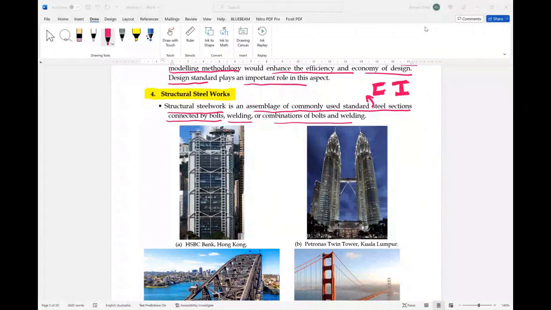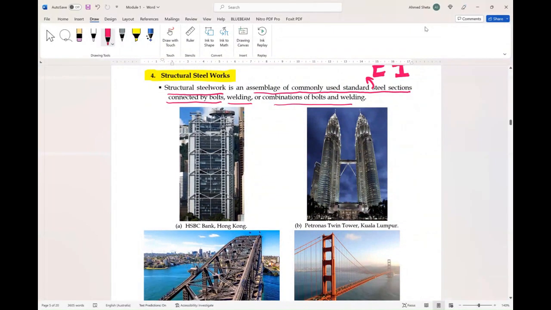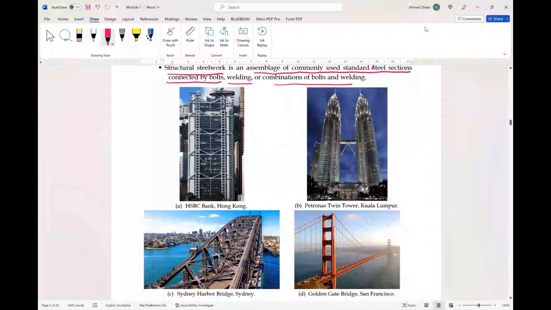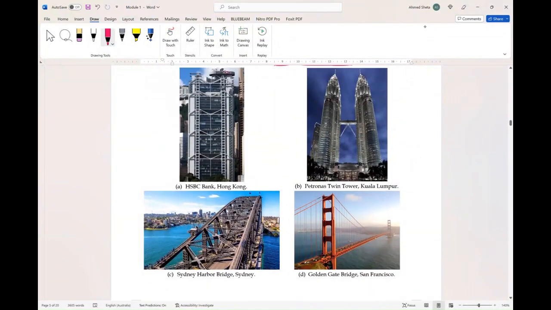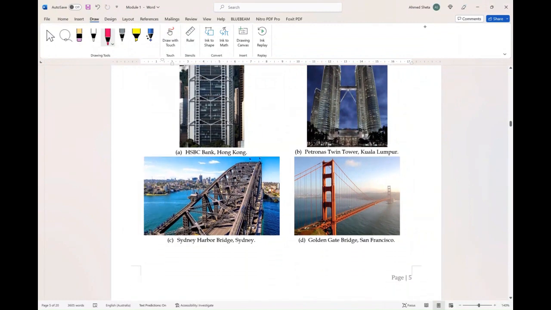Some examples of structural steel works: Hong Kong Bank, HSBC, and Petronas Twin Towers in Kuala Lumpur, and Sydney Harbour Bridge, and Golden Gate, San Francisco.